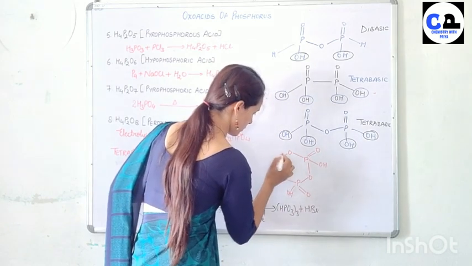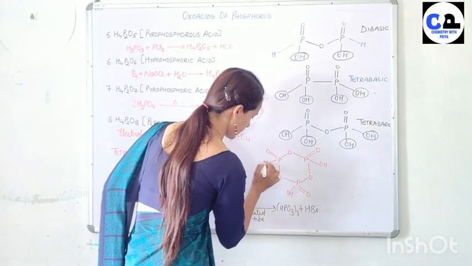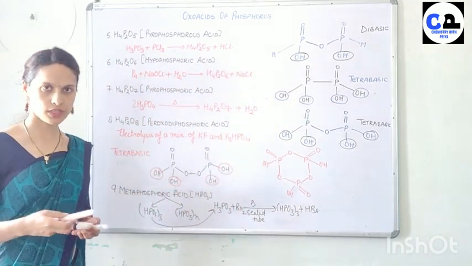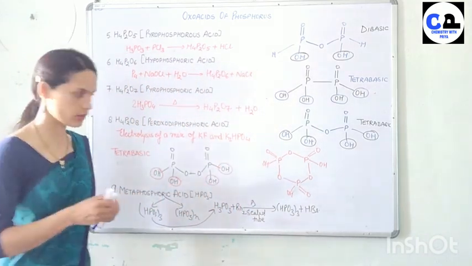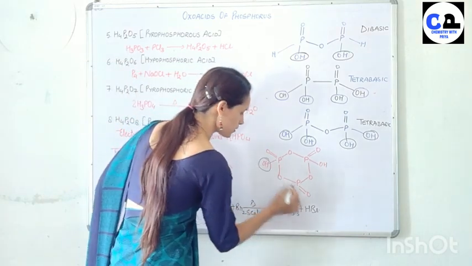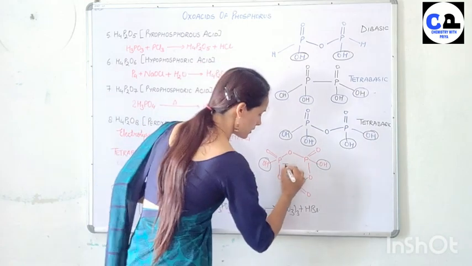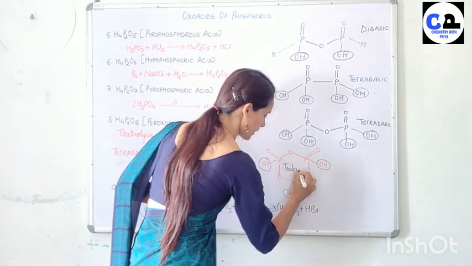So here it is single bond, double bond O, OH. Like this. So it is H3PO3, (HPO3) whole thrice, and because of the presence of 3 replaceable hydrogen atoms, this one is tribasic.